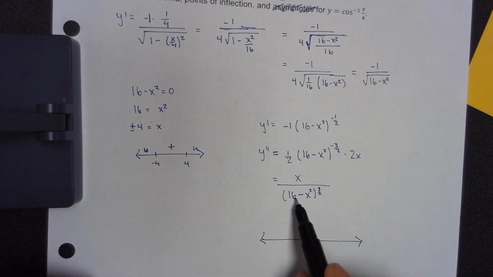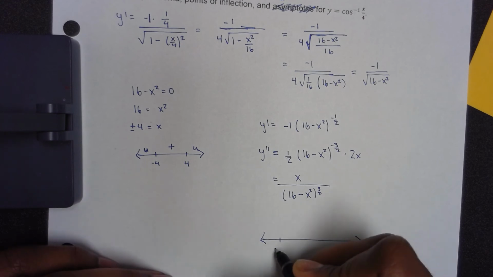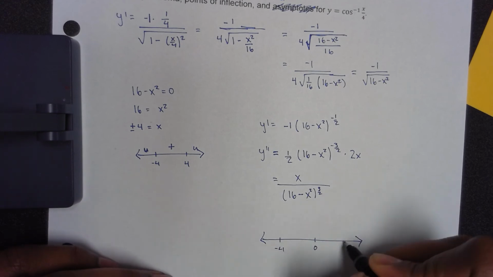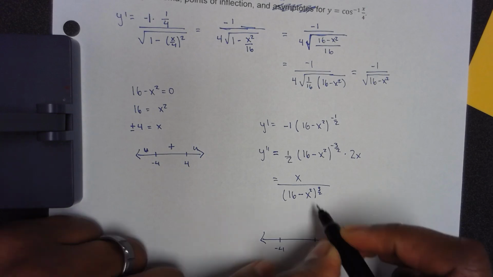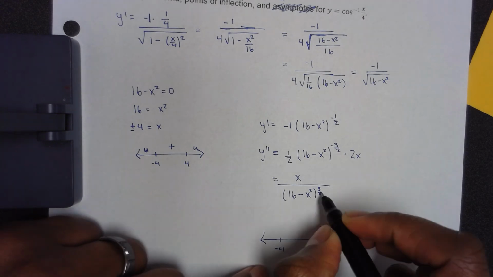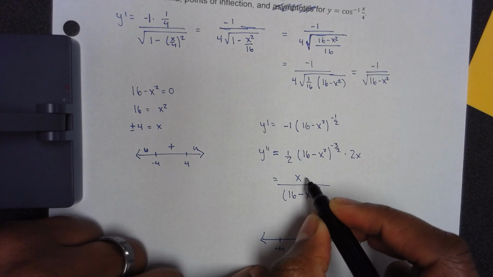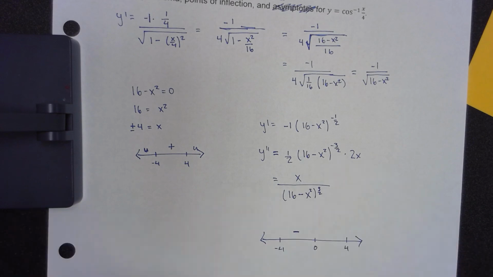We already know that for the bottom it is negative 4 and positive 4. So we have negative 4, 0, and positive 4. Between negative 4 and 0, the square root is going to be positive, the cube is going to be positive, and on the top you get a negative, so that would be negative.